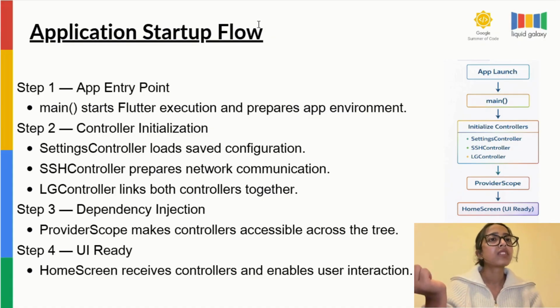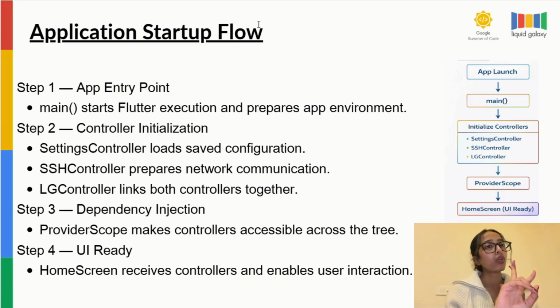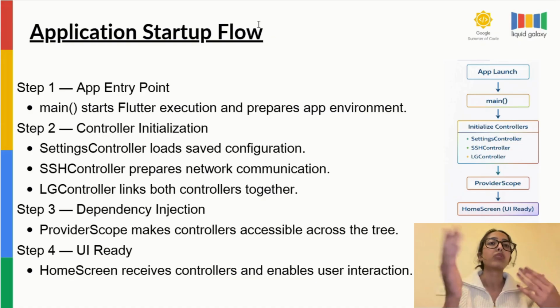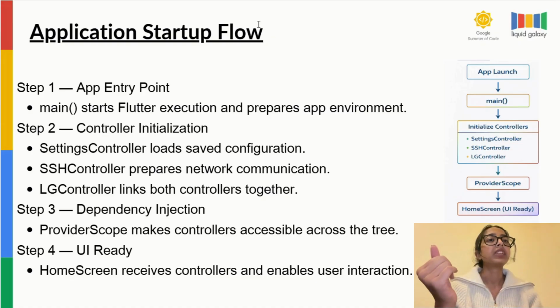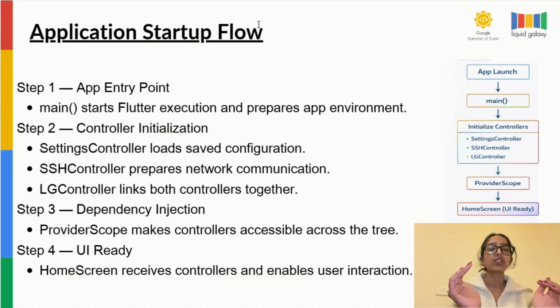First, the settings controller loads previously saved configuration values such as host and port, and the SSH controller prepares the network communication layer, and the LG controller connects everything together so it can coordinate future actions.